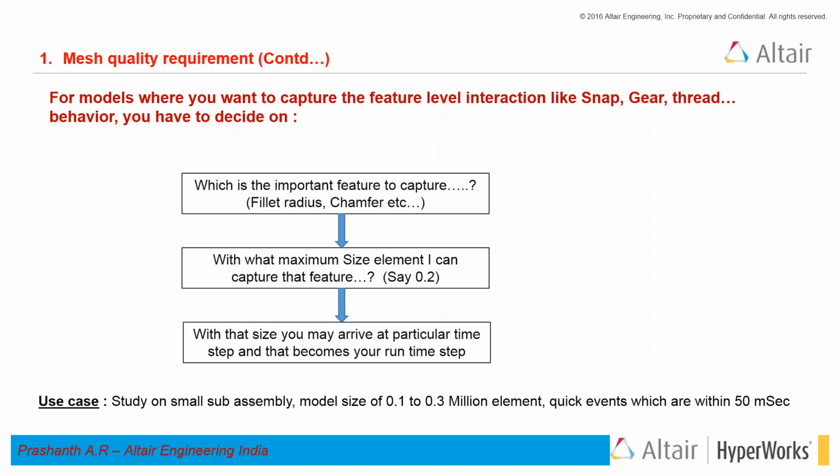But having said that, it is not always the case. There are cases where the components are small, and you have to capture the feature, but the model also becomes bigger, and you have to run it for longer event times.